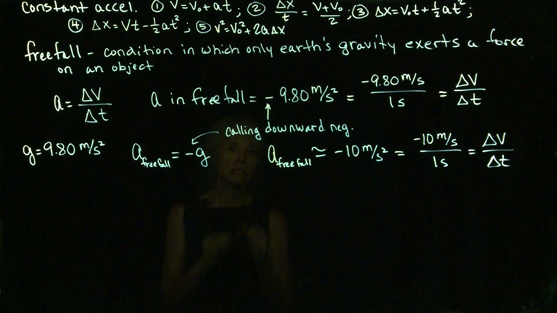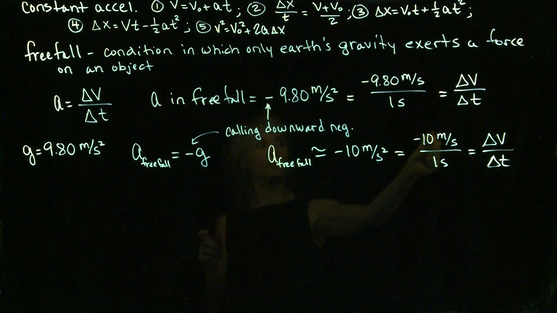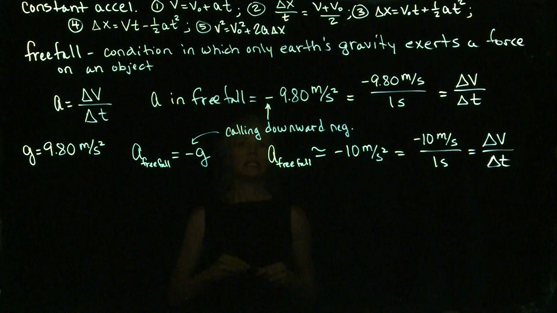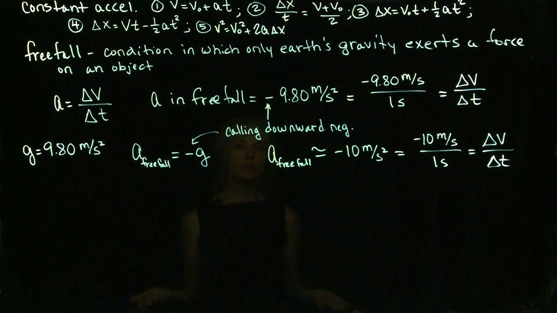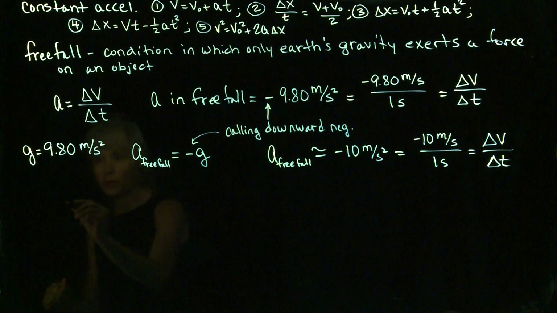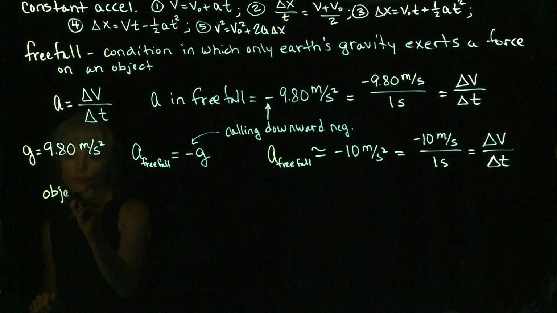Well, again, the acceleration in free fall means that the velocity has to become more negative by 10 meters per second every successive second that the object is in free fall. So if it starts off with a velocity of 0, after 1 second, in order to become more negative, it must be traveling at negative 10 meters per second. What about after the second second? So this is object released from rest.